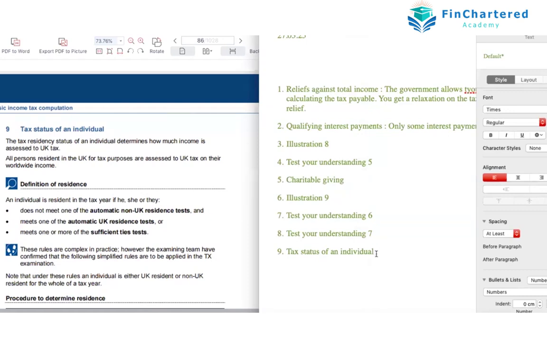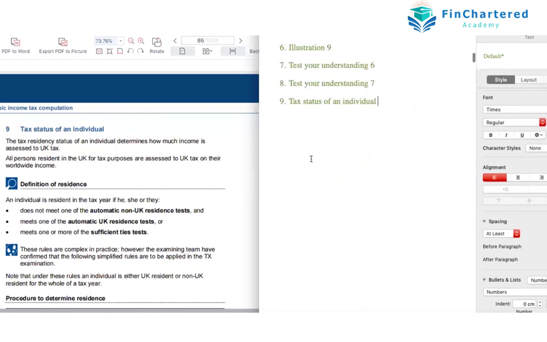So first of all, this decides whether you should be taxed only on your UK income. Maybe you have income from other countries also, right? Maybe you are a UK resident living in UK. You have income in UK, but you also have income in India.